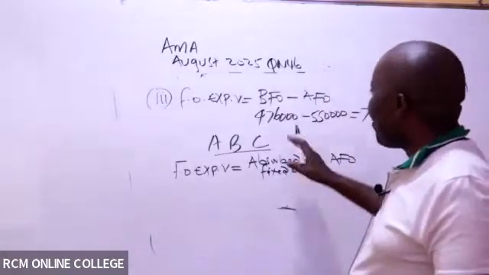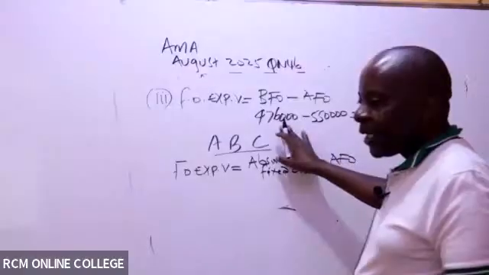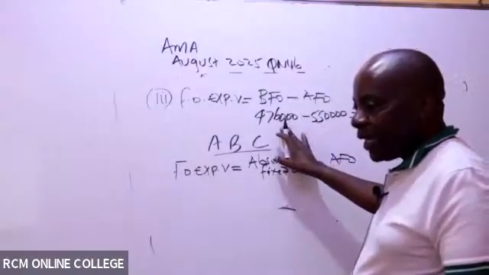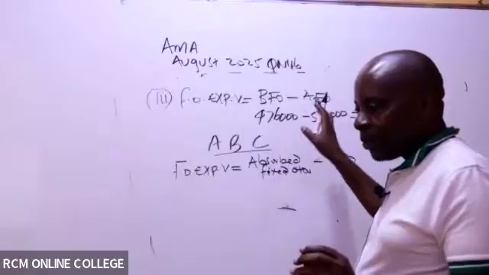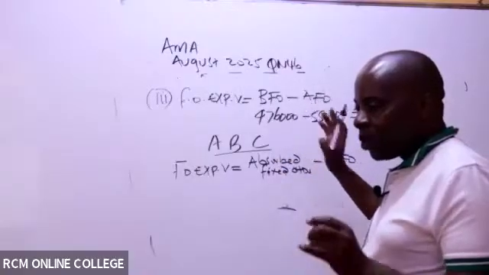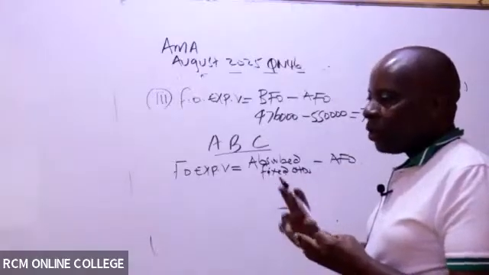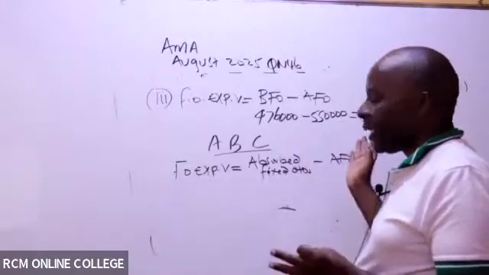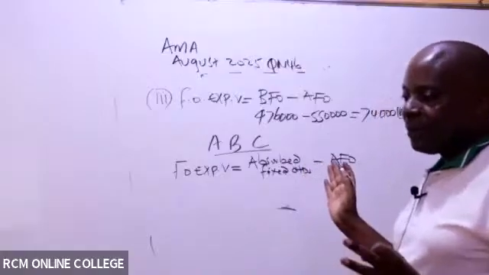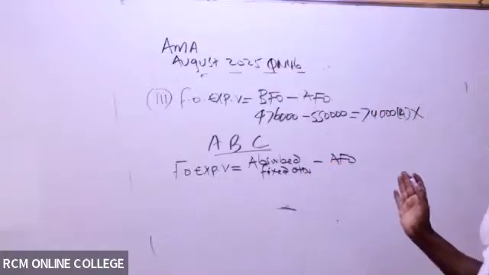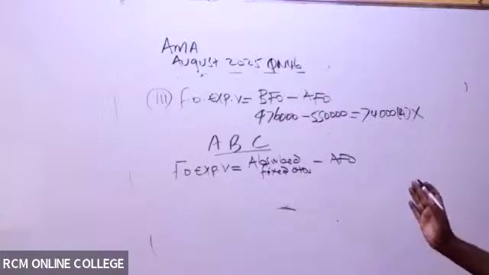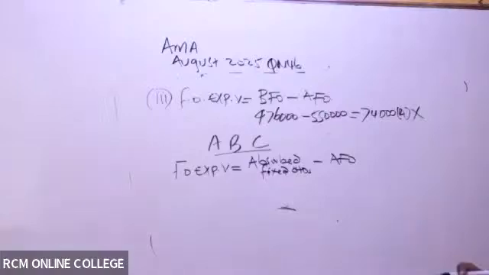Remember, this is a very normal variance. It's not exceptional. Exceptional is fixed overhead volume, fixed overhead capacity, and the sales. So if it's a normal variance and we got negative, it will be adverse. It's not an exceptional variance.